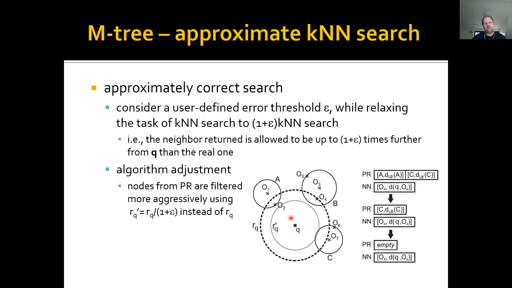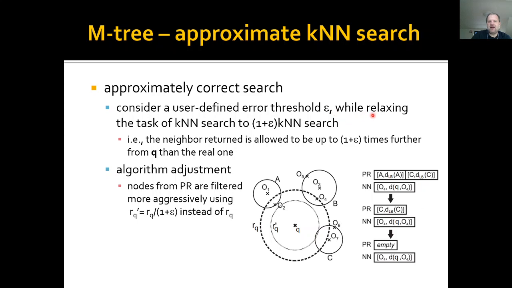The second heuristic is approximately correct search, and this is the one where we are guaranteeing that at the end, in the result of the query, there will be nothing that is completely useless. So we will keep some level of preciseness for each of the results. In this case we have some user-defined threshold epsilon that is a very small number above 0.